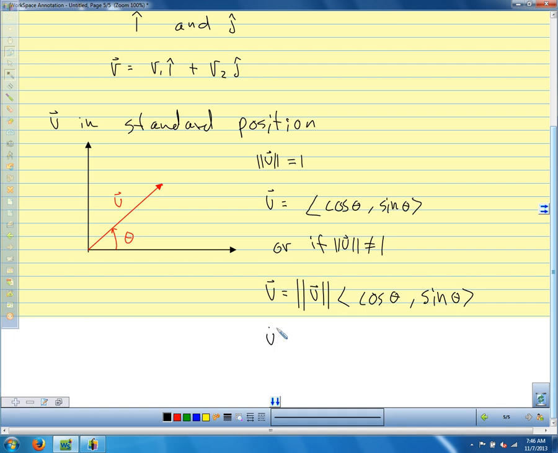And you'll also see this written as the magnitude of u cosine theta i plus the magnitude of u sine theta j. So now when we start talking about angles, we can introduce what we know about trigonometry into the language of vectors. And in a lot of situations, that's going to make our lives a lot easier.